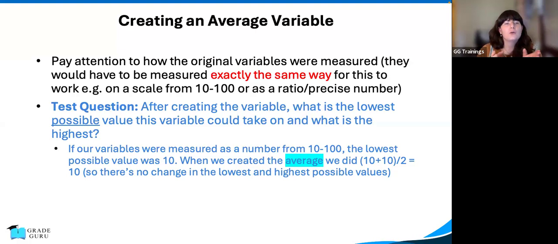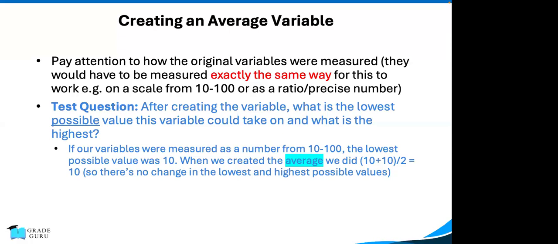The kind of question they might have after you've done an average variable is: after creating this variable, what is the lowest possible value this variable could take on, and what is the highest? Oh, I see a hand up. Yes, go for it. I wanted to ask you about those levels of measurement.